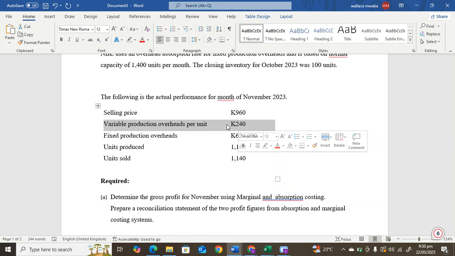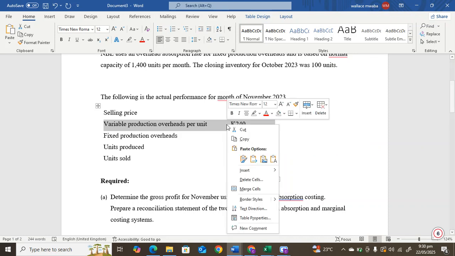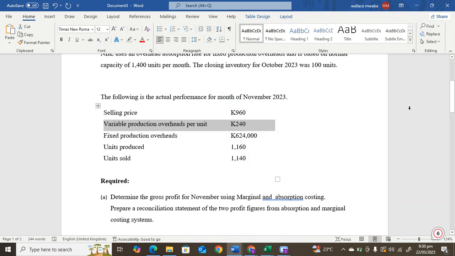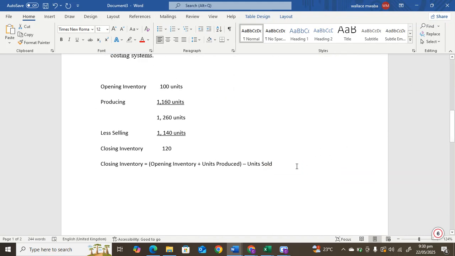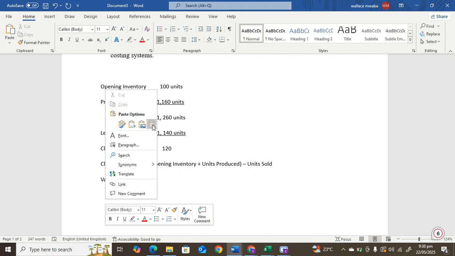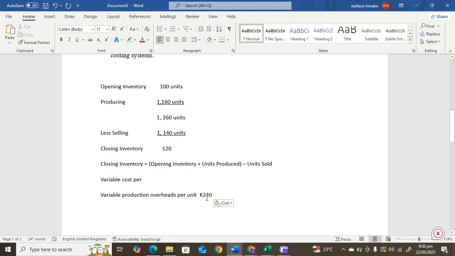Those you can include. Direct materials, direct labor, and variable production overheads. In this case we only have variable production overheads, so variable cost per unit is 240 kwacha. That is our variable cost per unit.